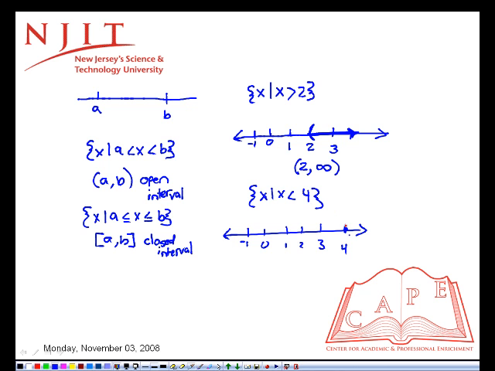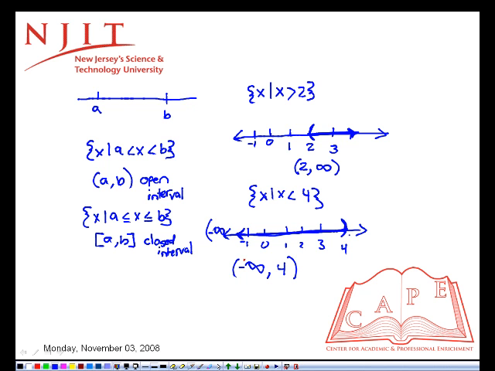No. So we use parentheses. And we know that x is less than 4. So our x value we're looking for is somewhere this way. But it can be any number less than 4. And it can go all the way to negative infinity. So again, whenever you use an infinity, use parentheses: negative infinity to 4.